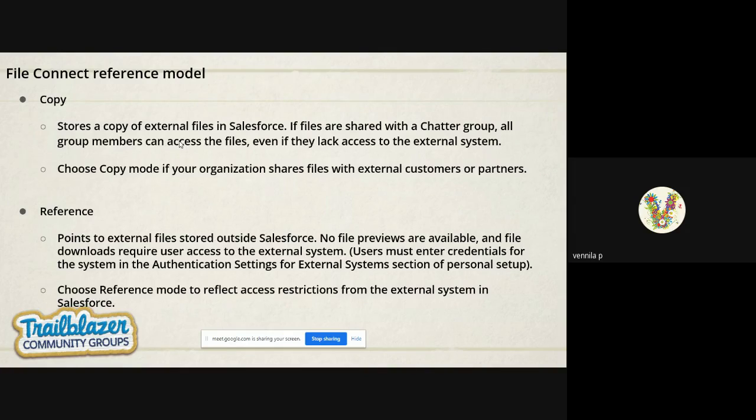For copy, Salesforce, without providing any SharePoint credential, can directly get all the data inside Salesforce. They can access all the files, download them and view them. But if they select reference, they can still access all the files, but they have to provide user credentials. They have to authenticate with SharePoint credentials, then only can they access the files from Salesforce.